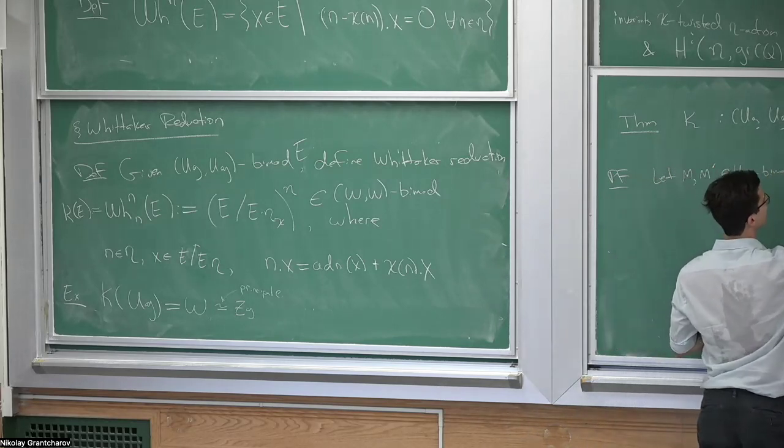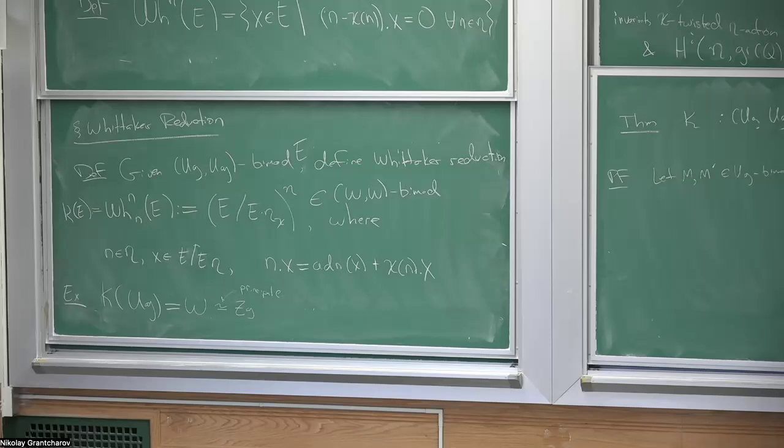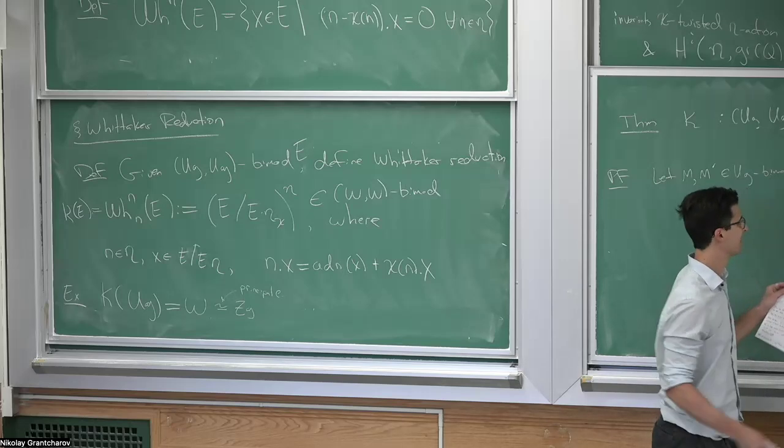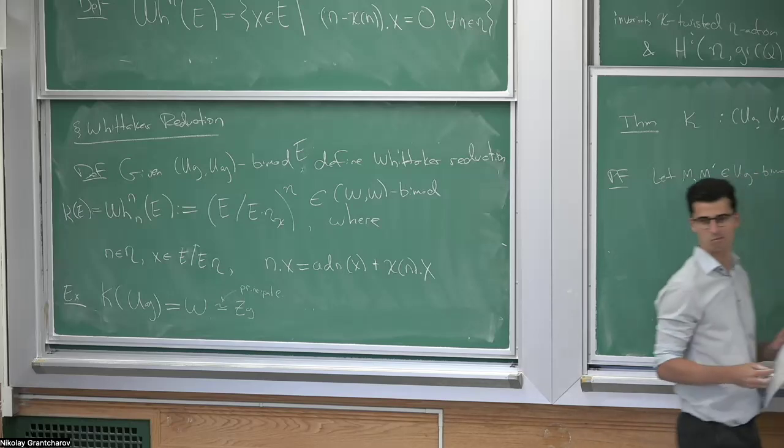And so kappa M tensor kappa M prime is kappa of M tensor M prime. And here the tensor product is over W, here it's over UG.